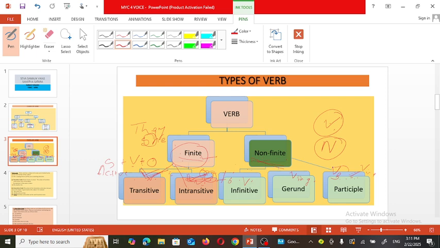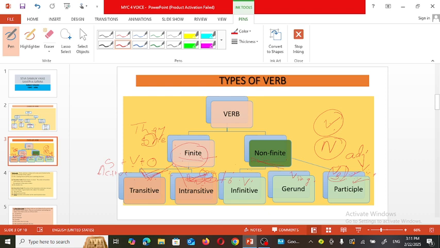Written, the V3 form of the verb, is not playing the role of a verb. Instead, it is playing the role of an adjective, and that's why it is called a past participle. Present participle means the verb plus ing form of the word, where it is playing the role of an adjective.